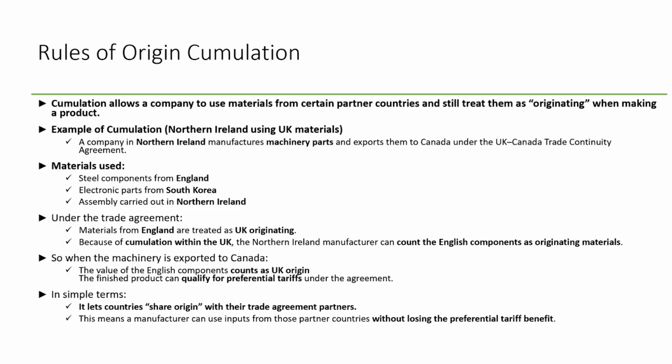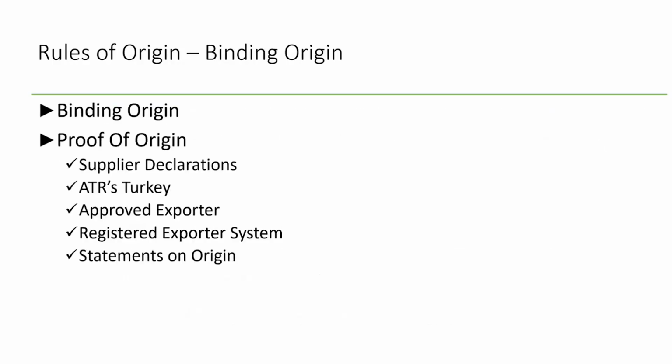Say I'm exporting my house alarms back to the UK, but I source some of the components from the UK, I can count those as originating products rather than non-originating products. By doing that, I can meet the rules where a certain percentage of my product must be made up of originating products, or that a certain percentage can't be made up of non-originating products. So it can help me meet the rules of origin, right? And that's generally how accumulation works.